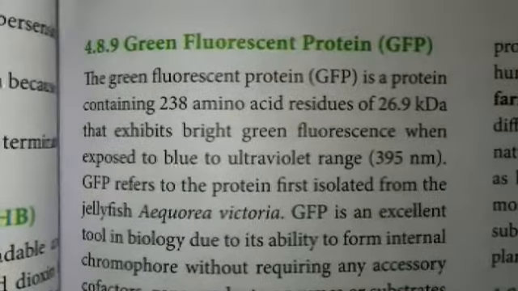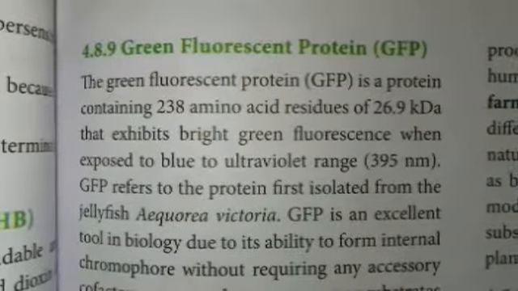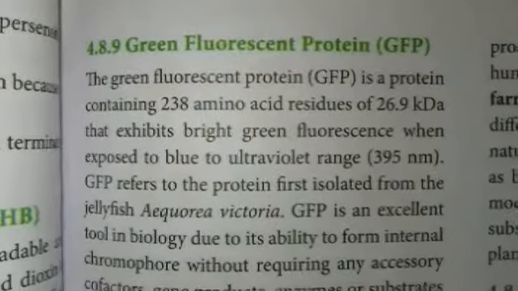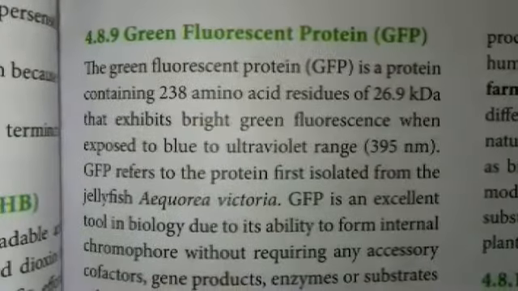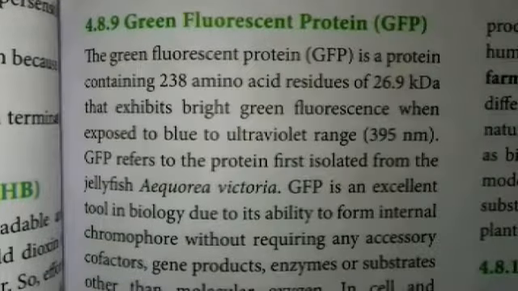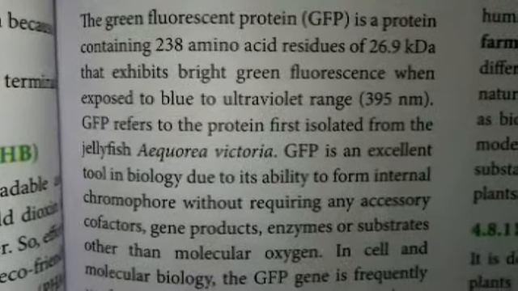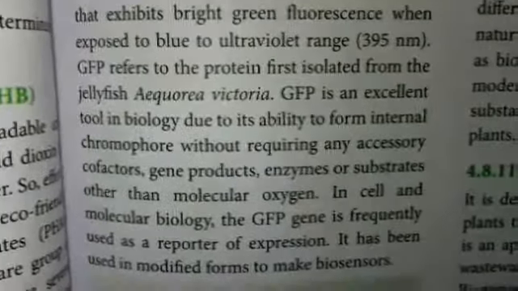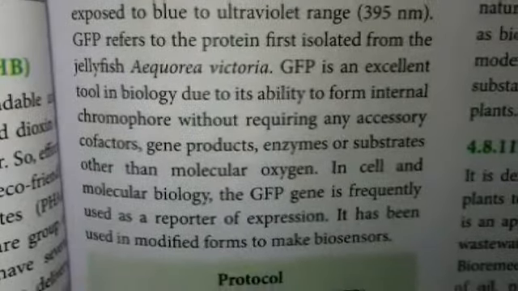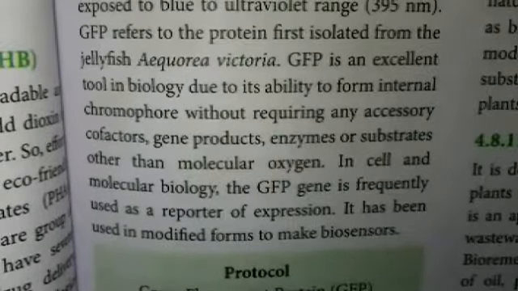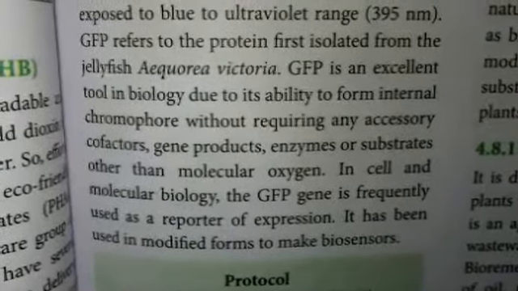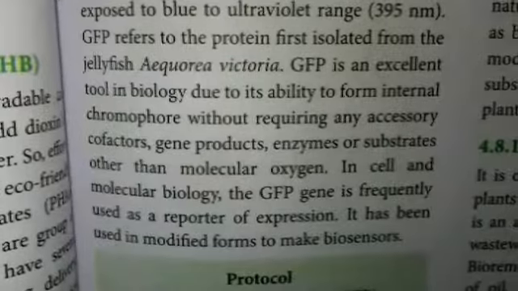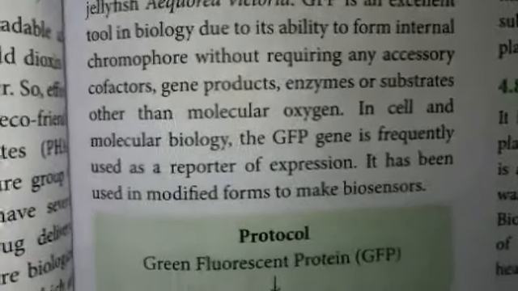The green fluorescent protein is an excellent tool in biology due to its ability to form an internal chromophore without requiring any accessory cofactors, gene products, enzymes, or substrate other than molecular oxygen.